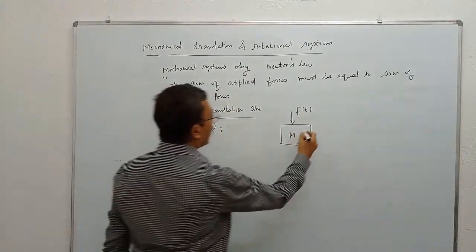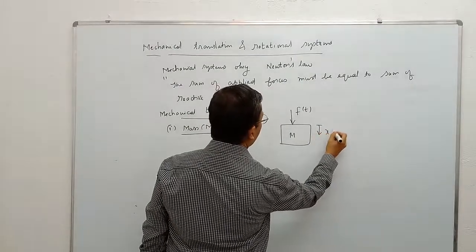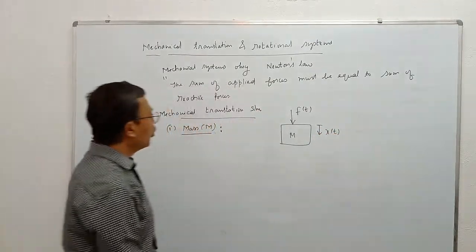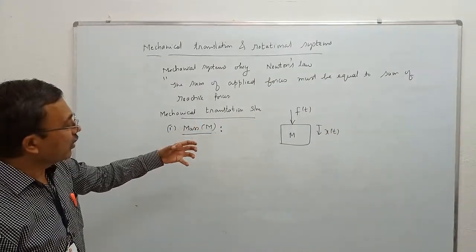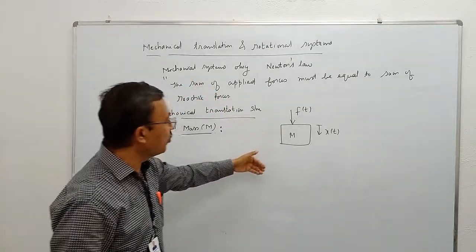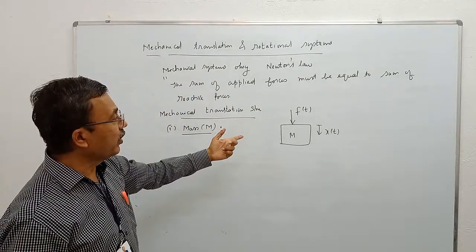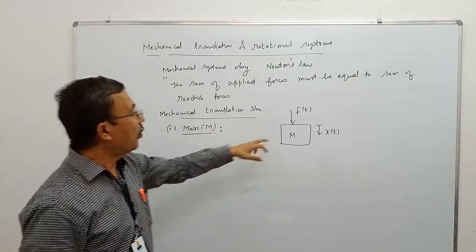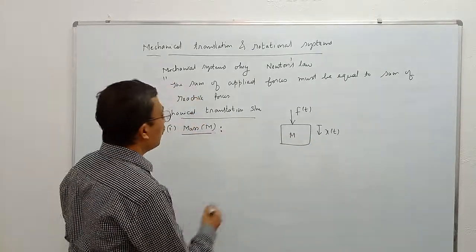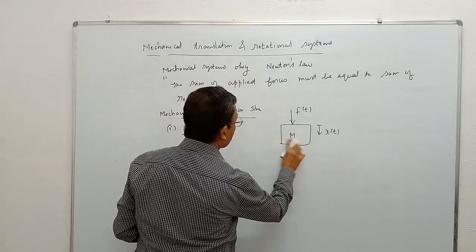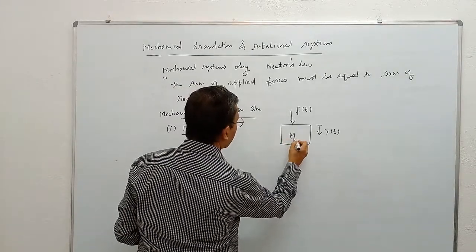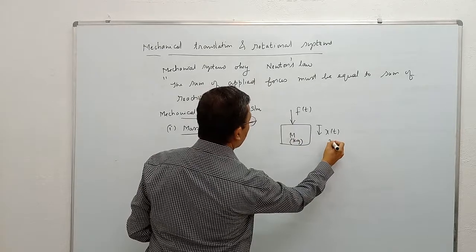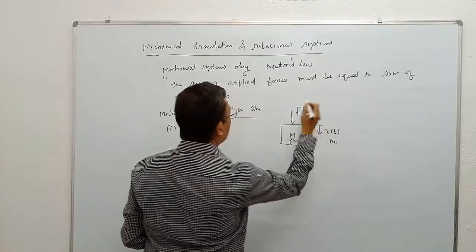The resulting displacement of the mass is x of t. The reactive force is mass into acceleration. Mass is in kgs, displacement is in meters, and force is in newtons.